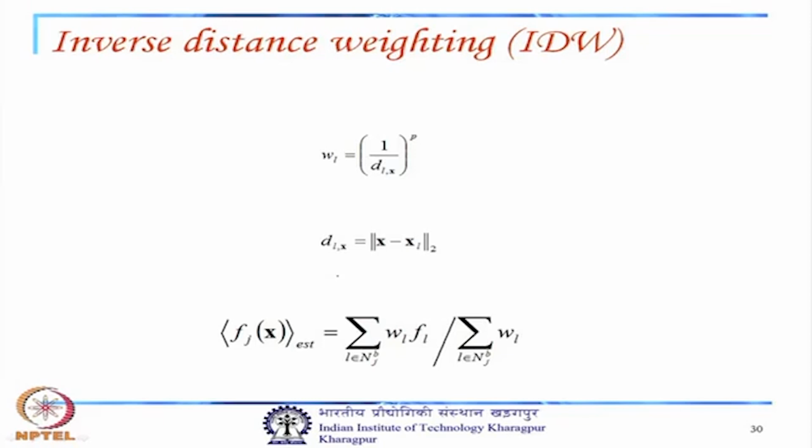Inverse distance weighting, or IDW, is the most common method, where the weight w_lx is 1 over d_lx to the power p. Here d is the distance between two points, l and x, and p is the exponent.